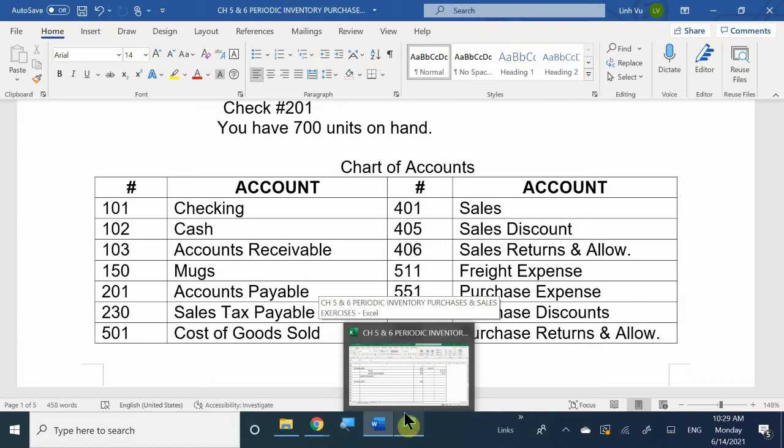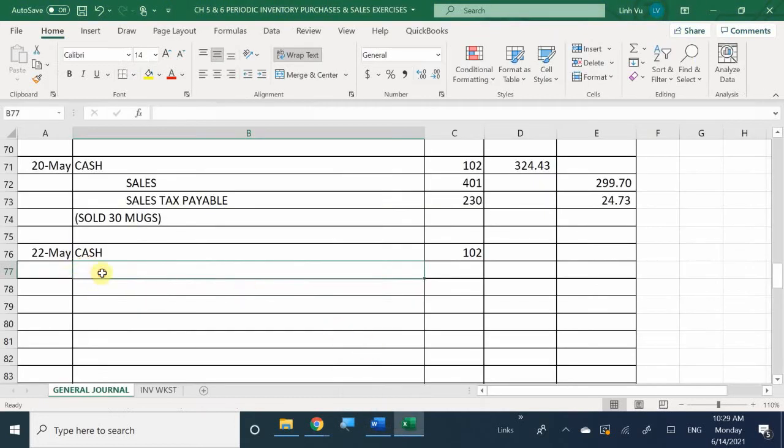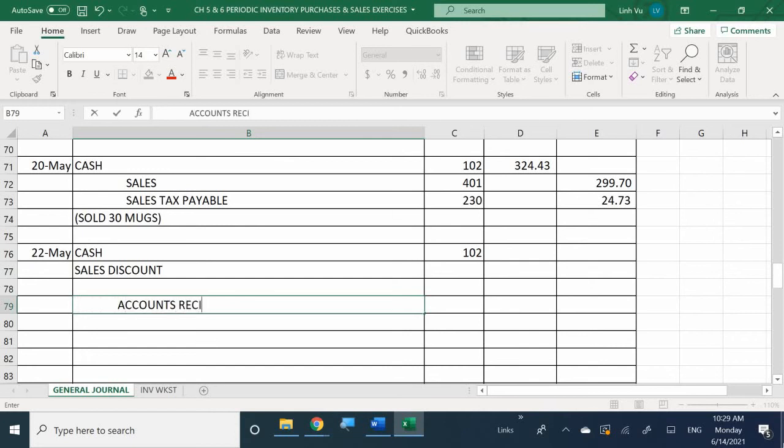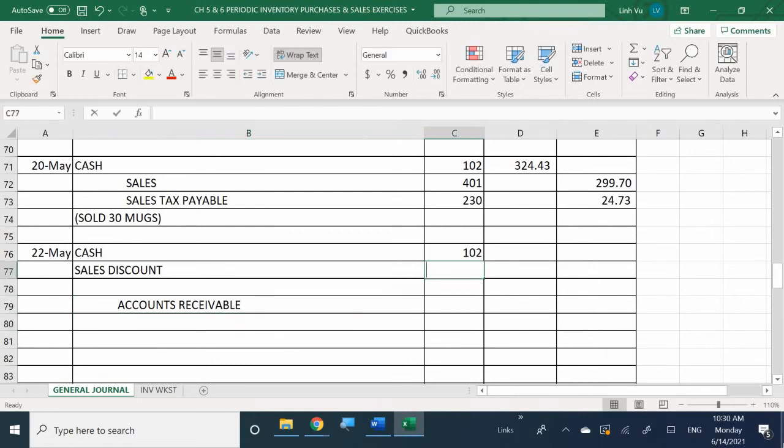So sales discount is correct. Okay. And of course, we need to also recognize how much they owe us, right? So sales discounts was 405 and accounts receivable 103.